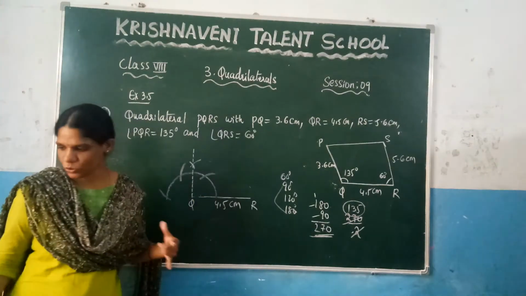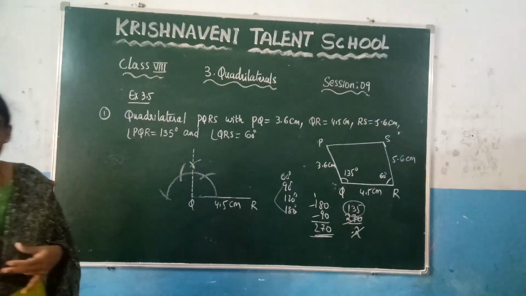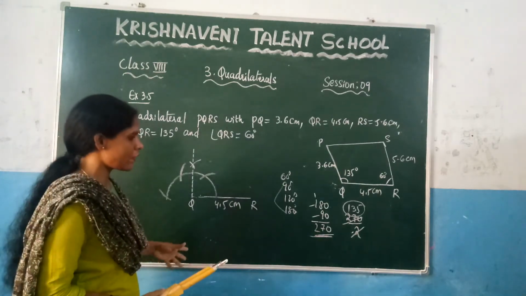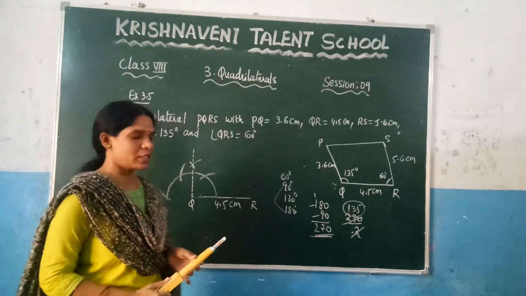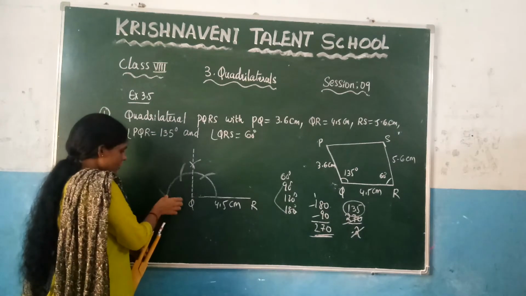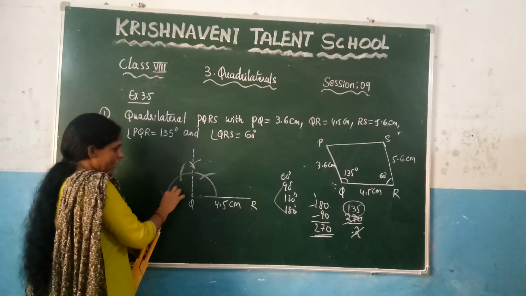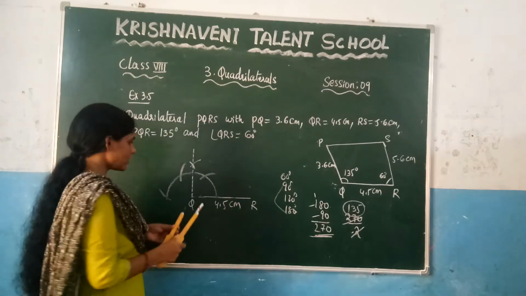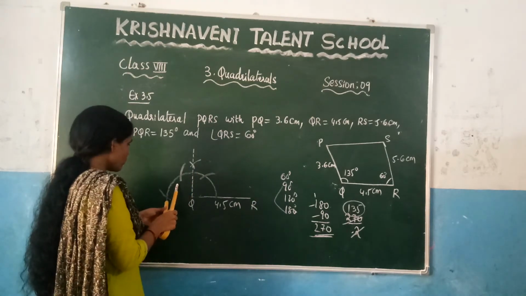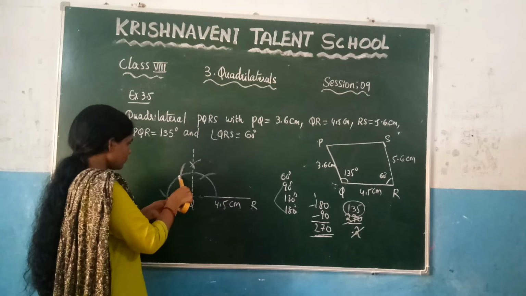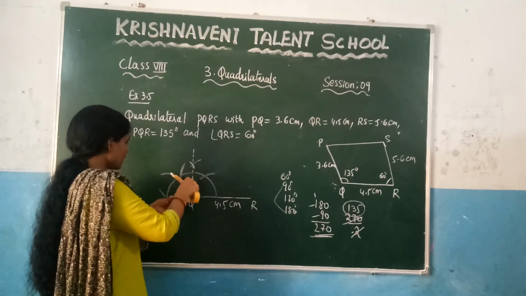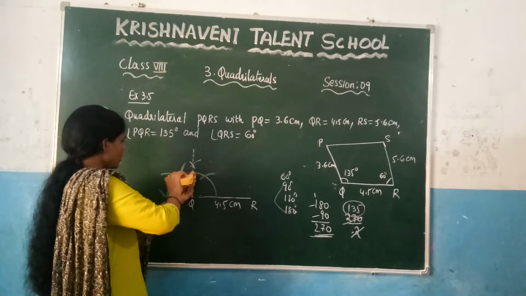Now what we need to do, we need to construct 135 degrees, and just now I have explained how to draw 135 degrees. So in between, this is 180 and this is 90. In between 180 and 90 you will get 135 degrees. So take more than half radius and make one arc, and at this point draw one more arc.